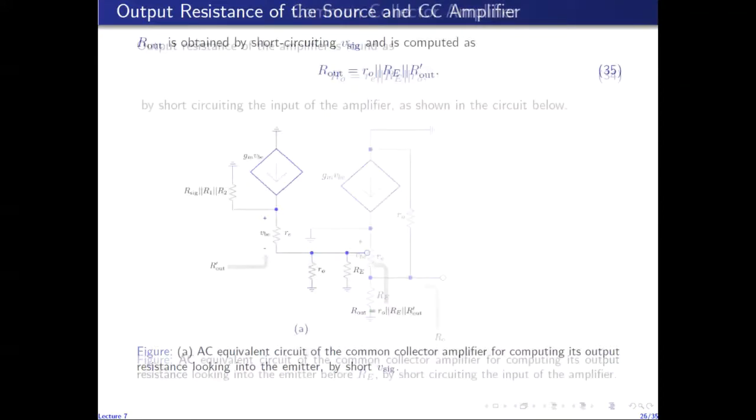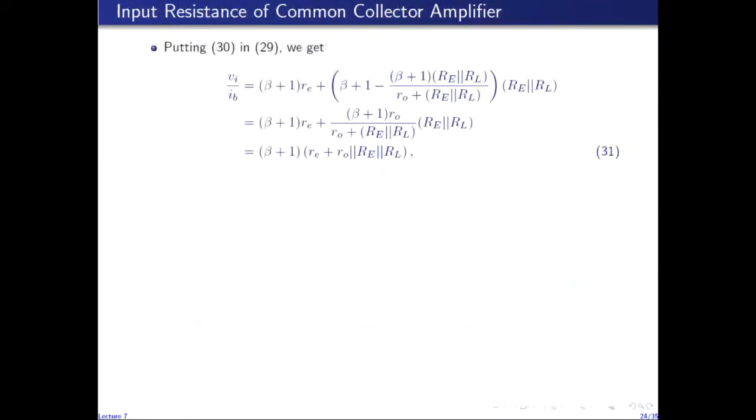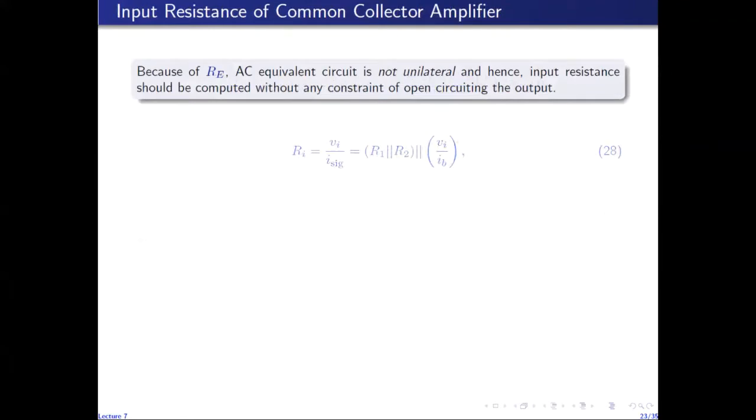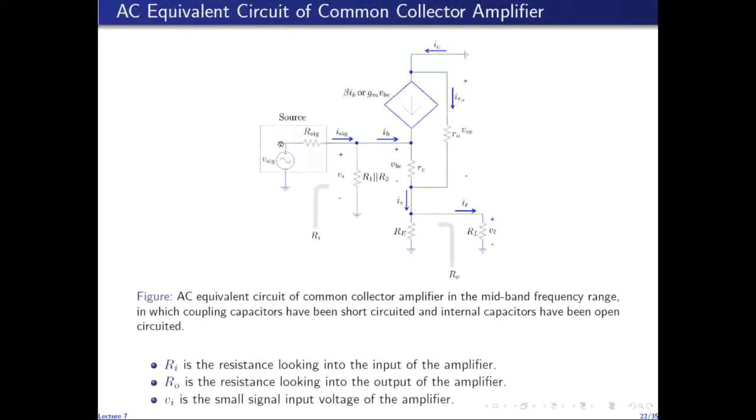Apart from short circuiting Vi, which gives us the output resistance of the amplifier, we can short circuit Vsig, and in that case it is labeled as Rout, and that is the output resistance of the amplifier plus the source signal, because it includes Rsig.